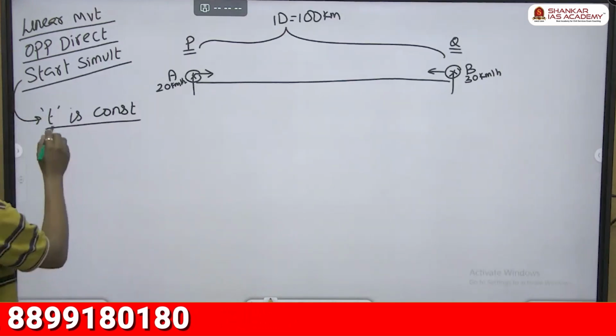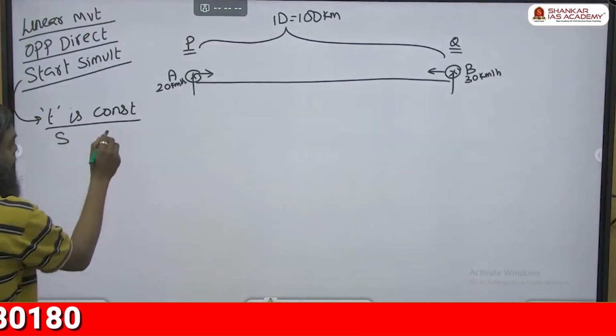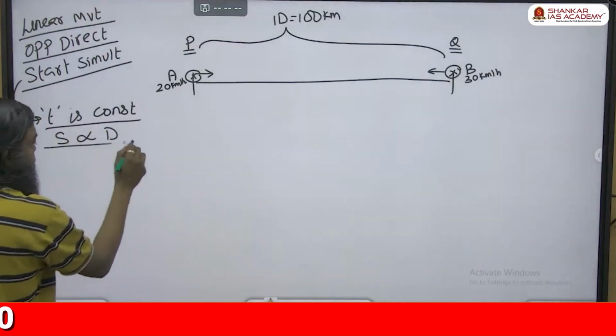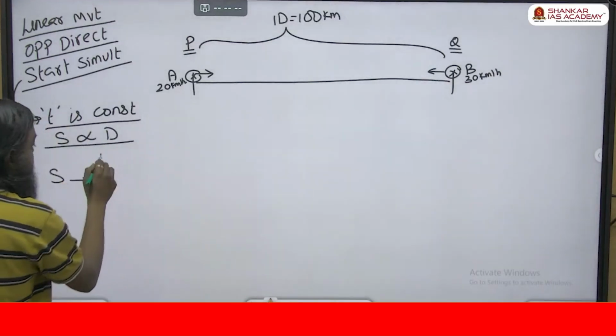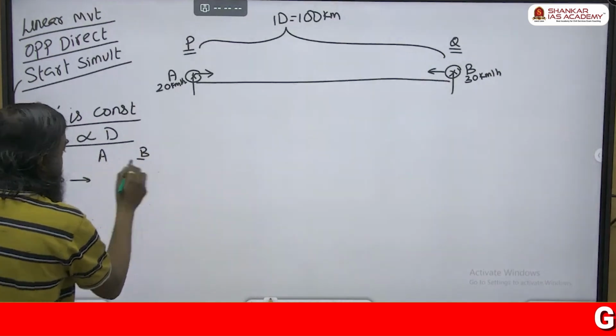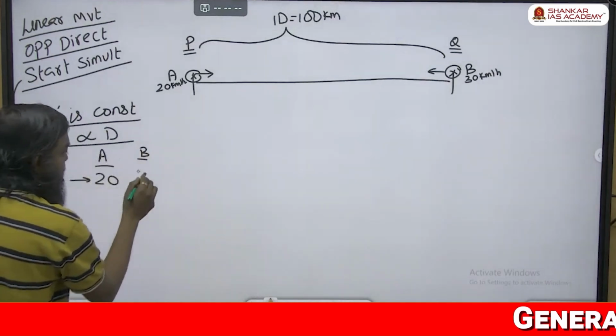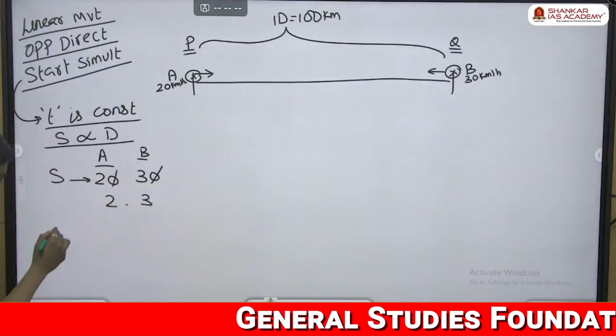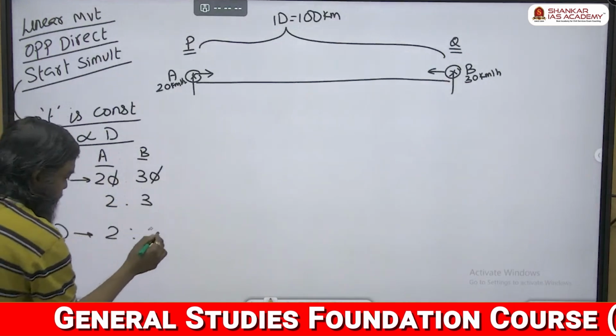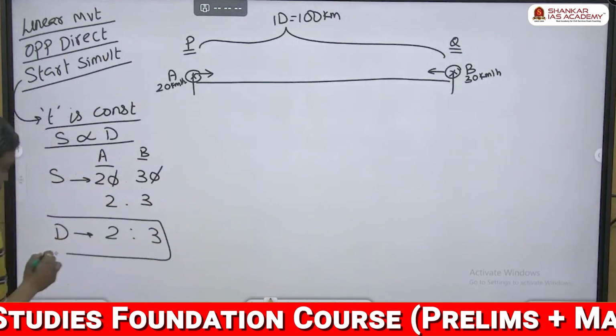What is the other variable? What is the relation? What is the ratio of the speed of A and B? Speed of A is 20, speed of B is 30, so the ratio is 2:3. So distances are also in the ratio.